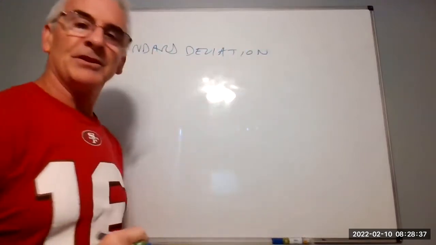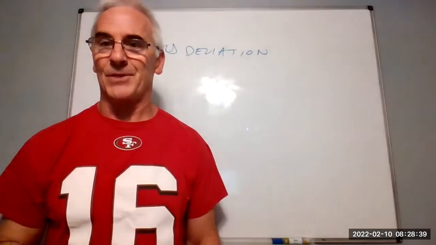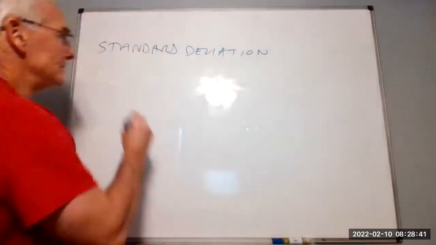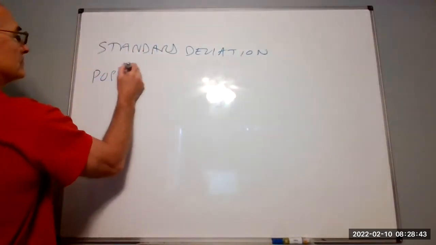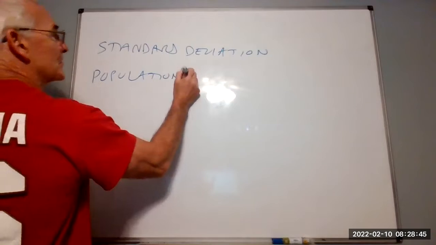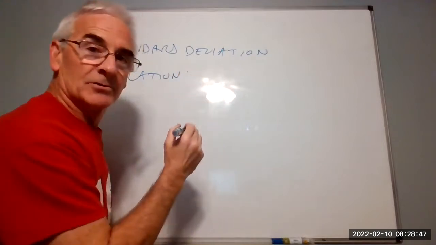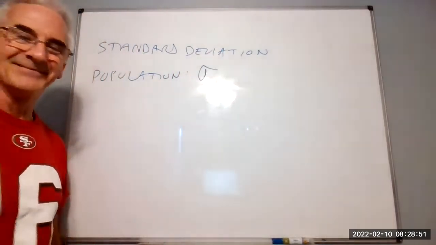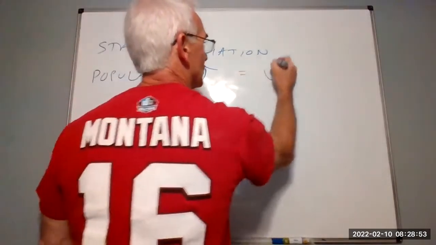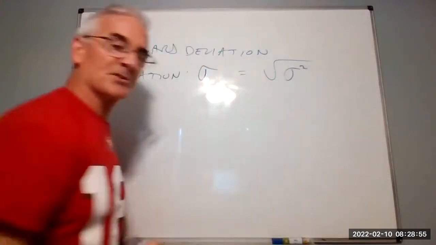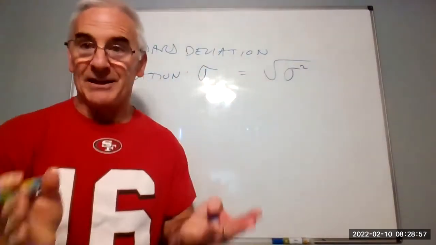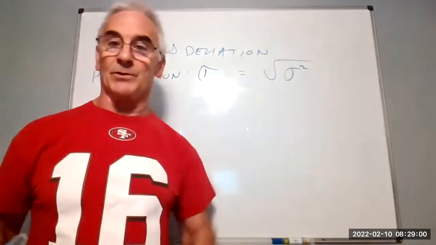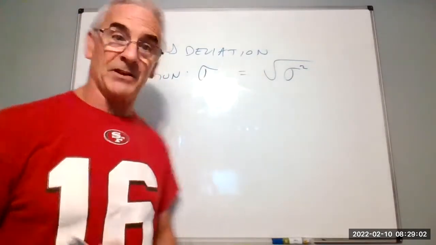If it's a population, the standard deviation is, drum roll please, sigma, which, by the way, is equal to the square root of sigma squared. Meaning I calculate the variance and then I take the square root and that gives me the standard deviation.